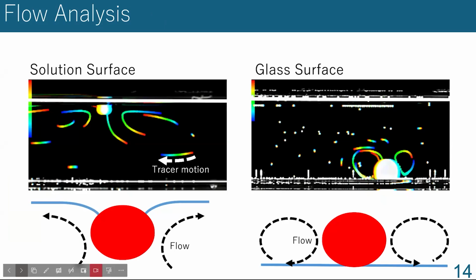To see the flow, I made this flow analysis and traced the motion of the tracers from red to blue, and we can see these kinds of flows on the surface of the solution and the glass surface of the solution.